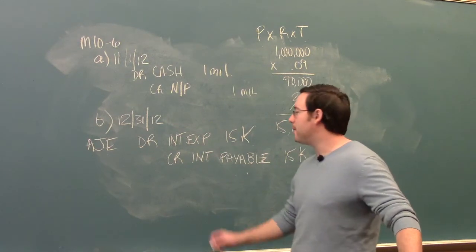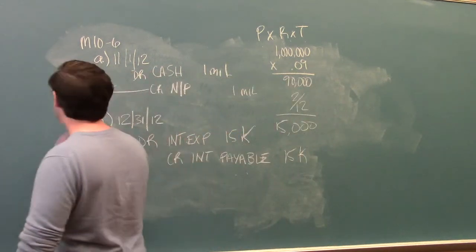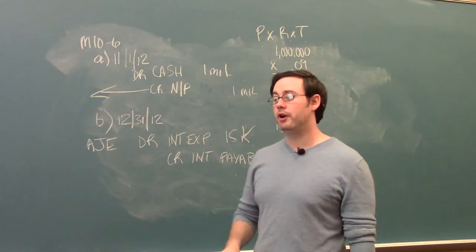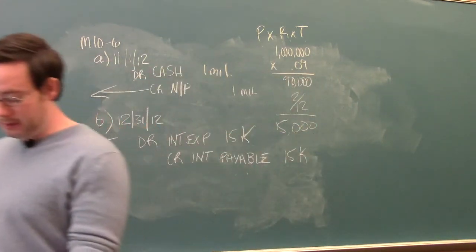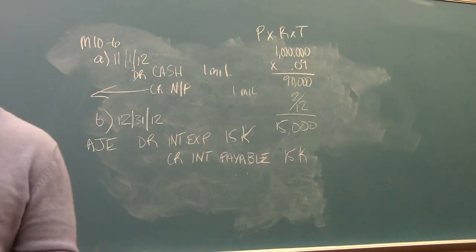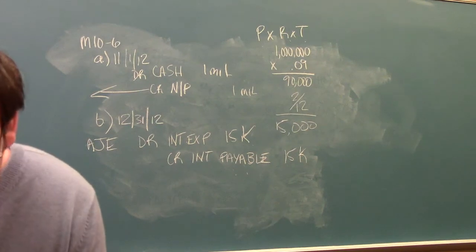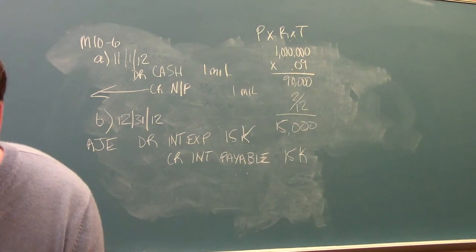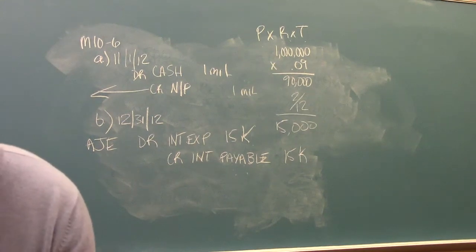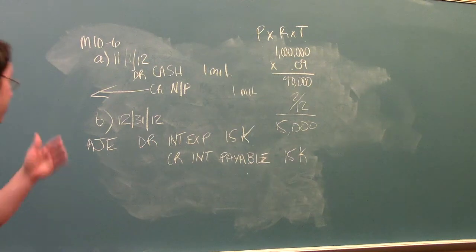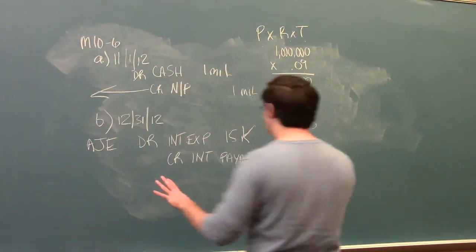One last thing to remember. Notes can be long-term or short-term. Refer back to the dates in this problem. They indicate that the note is taken out on November 1st, 2012, and it's due with interest and principal both being due at the same date, June 1st, 2013. Remember the difference between current and long-term.